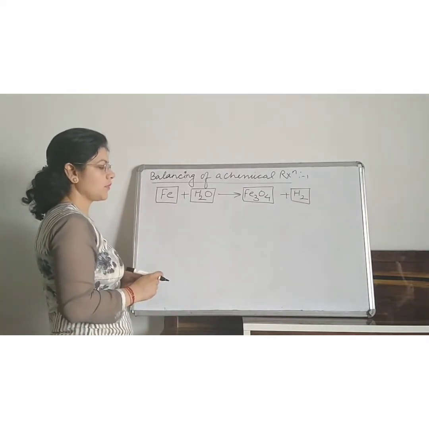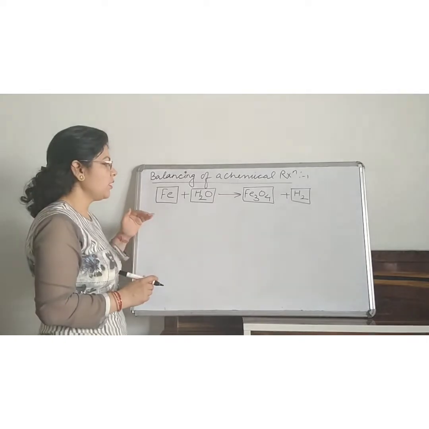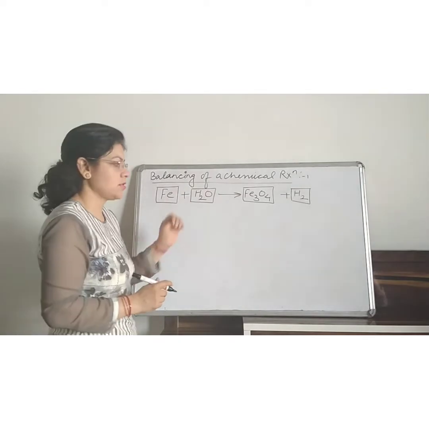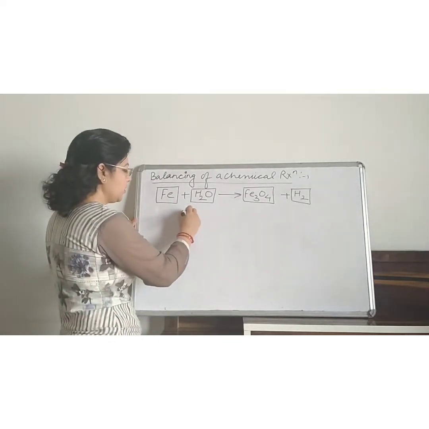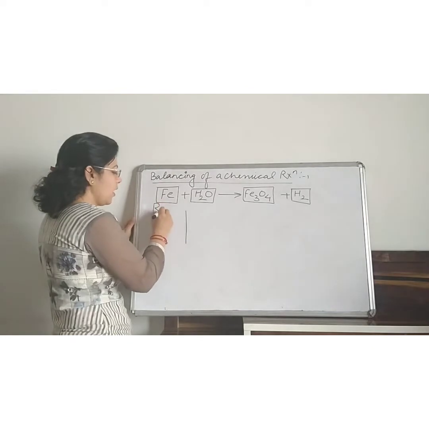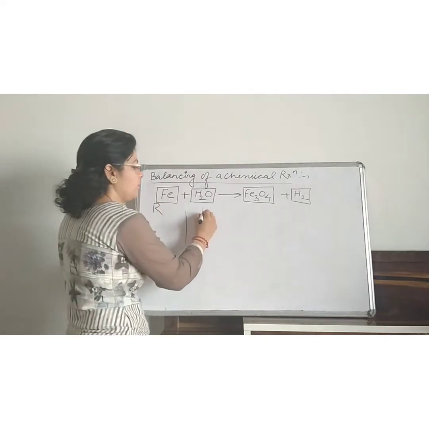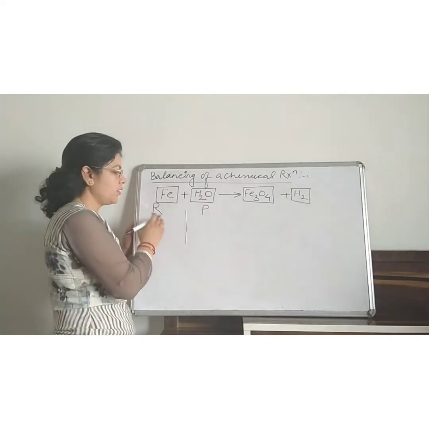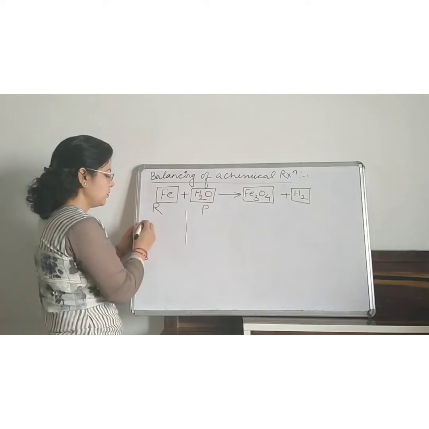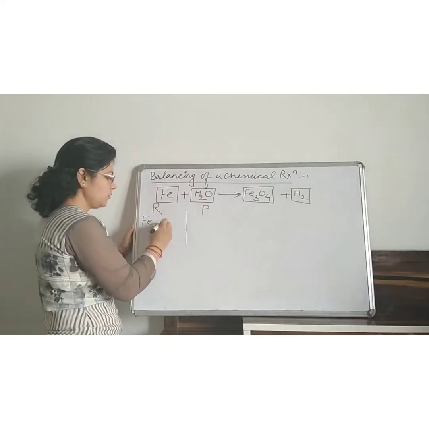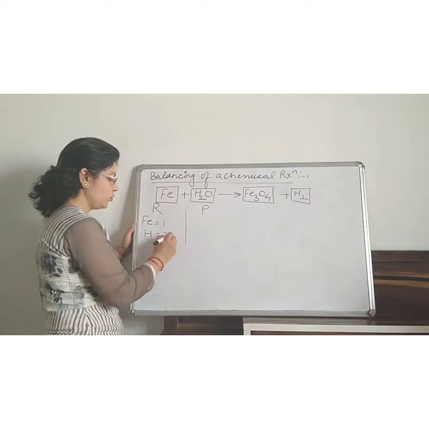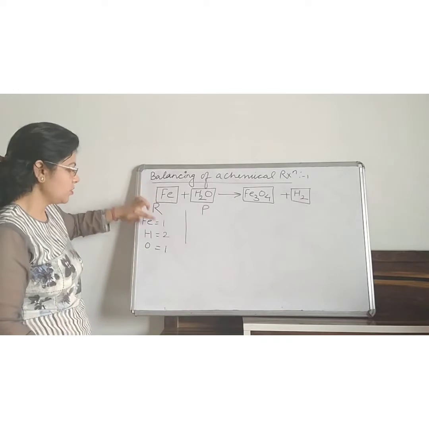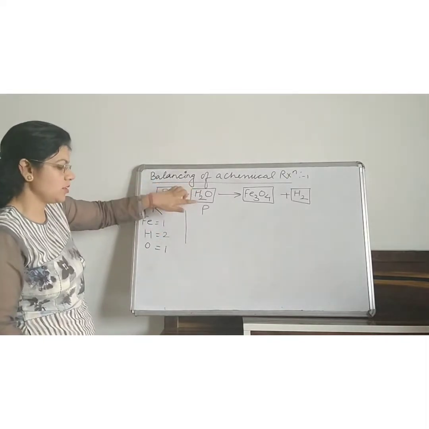The next rule is to make a table of the atoms present on the reactant side and the product side. Let R stand for the reactants and P for the products. On the reactant side, iron is 1, hydrogen is 2 and oxygen is 1.